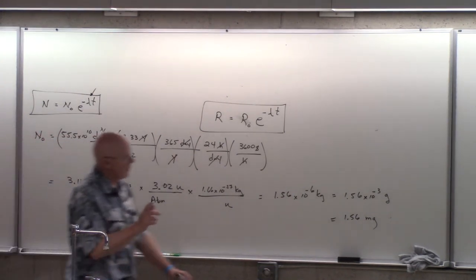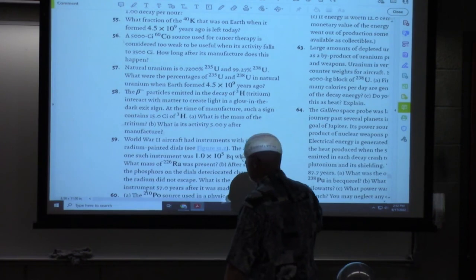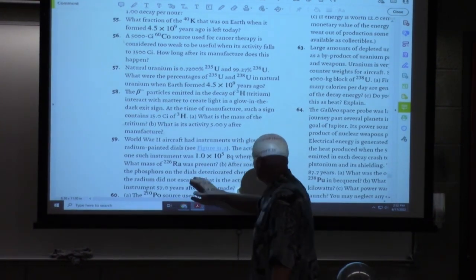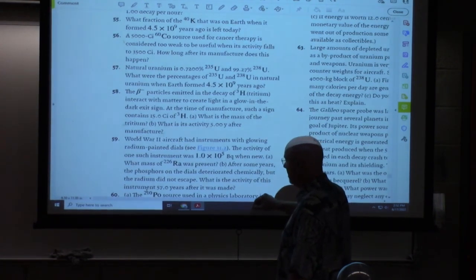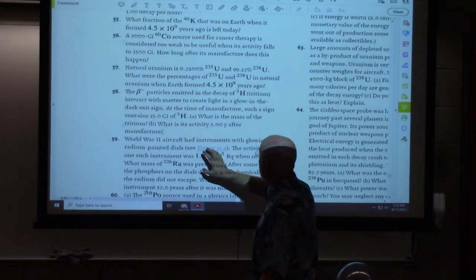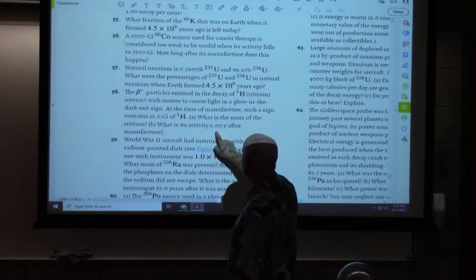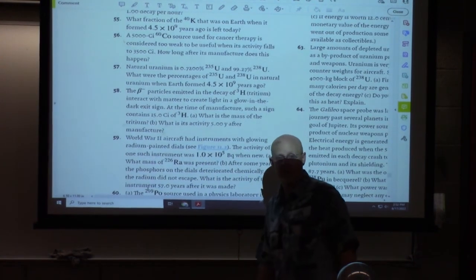All right, I think there was one more step to this. What else did it say here? Okay, so after some years, the phosphorus in the dials deteriorates chemically, but sorry, wrong one. There it is. What is its activity 5 years after being manufactured?